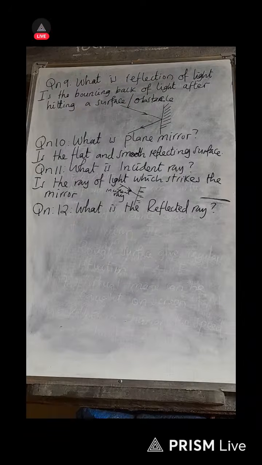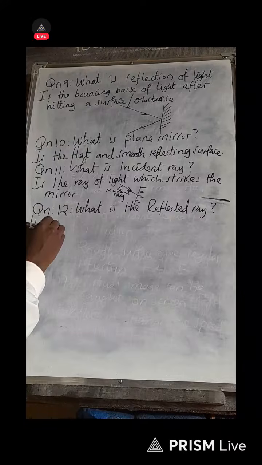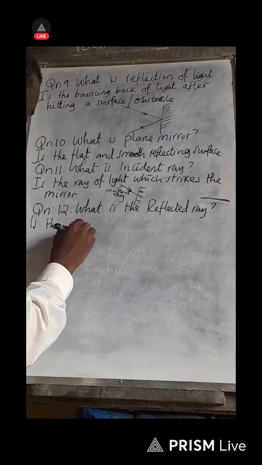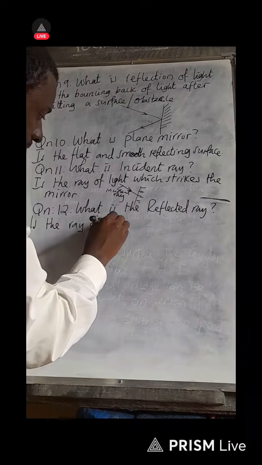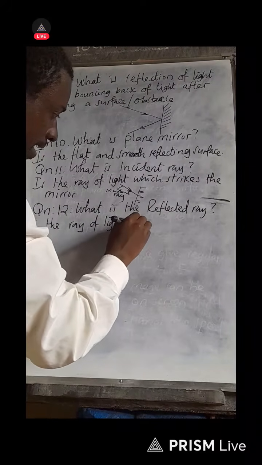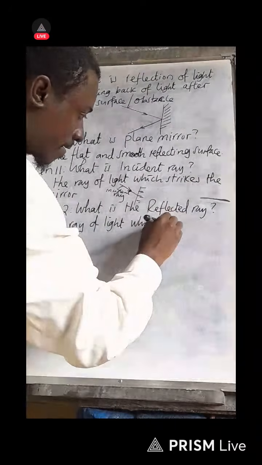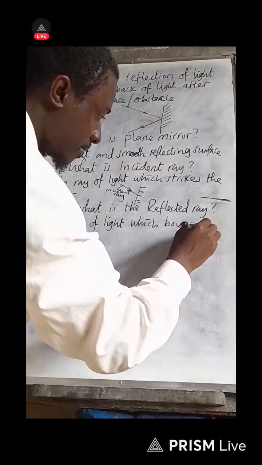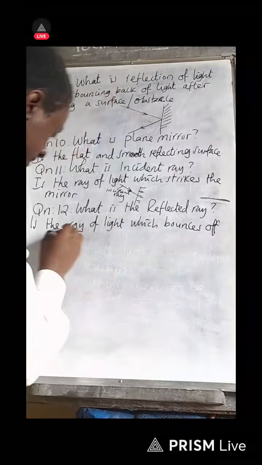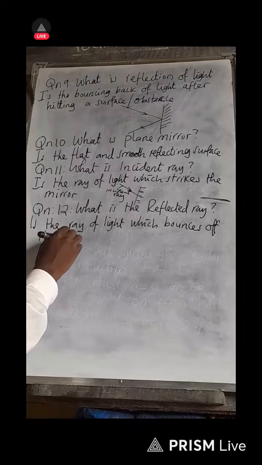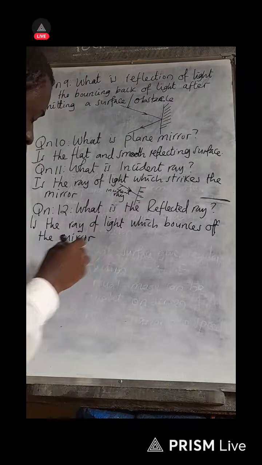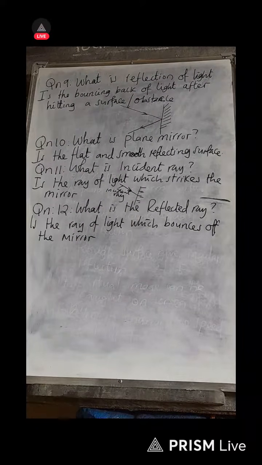Normally we say the reflected ray is the ray that bounces off the mirror. This is the ray of light which bounces off the mirror, the ray which runs away from the mirror surface.